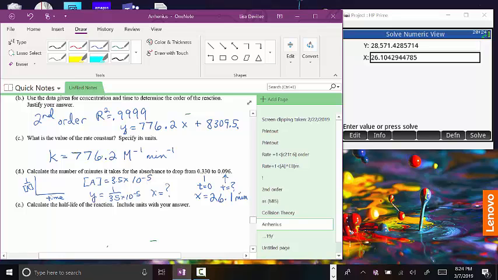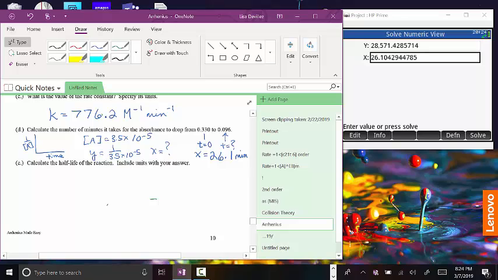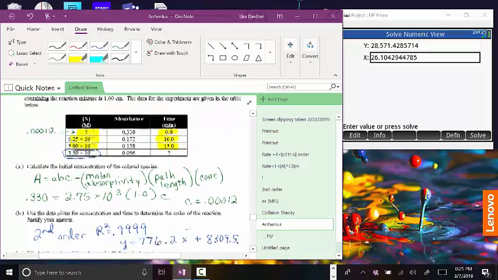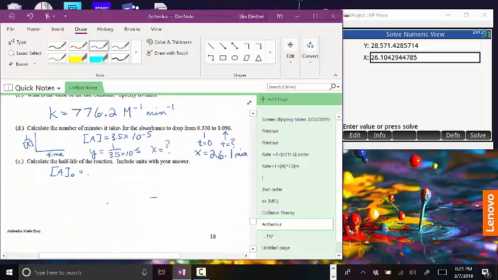Okay. All right, and then now here it wants the half-life of the reaction. All right, so second order, right, the half-life depends on what you start with. So this doesn't specify. So I'm just going to do it from the initial concentration. I'm going to go back up to my data because I don't remember what that was. 0.00012, all right, 0.00012.